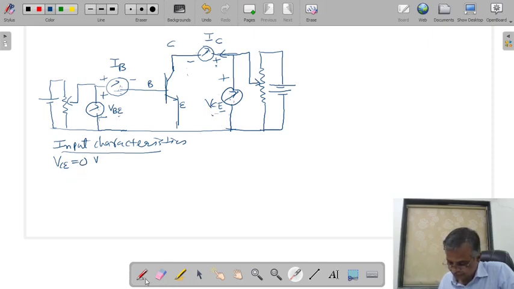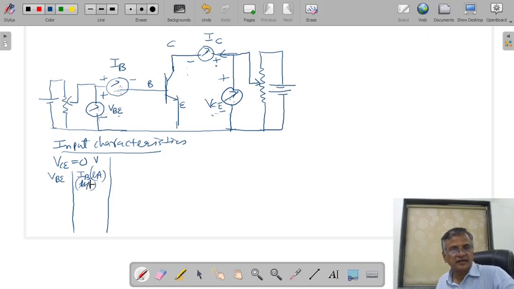Now vary this base emitter voltage in a suitable step and note down the corresponding value of the base current. I am writing the unit microampere here. Listen again. Keep VCE, collector emitter voltage, at 0.